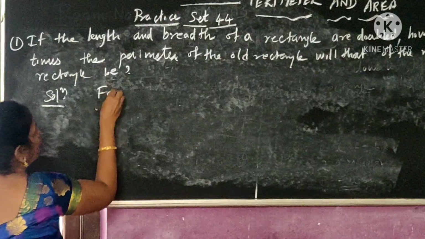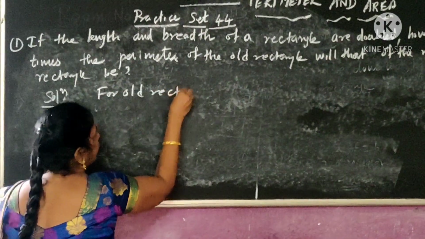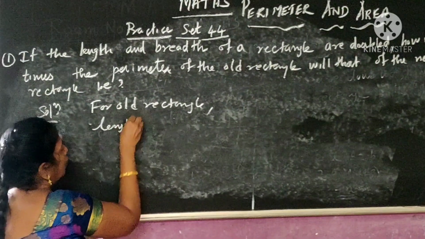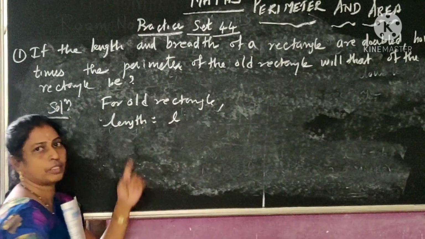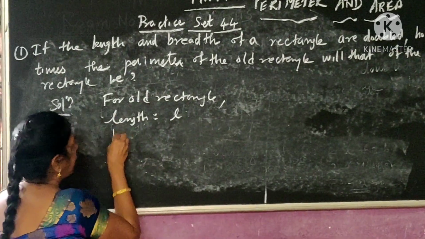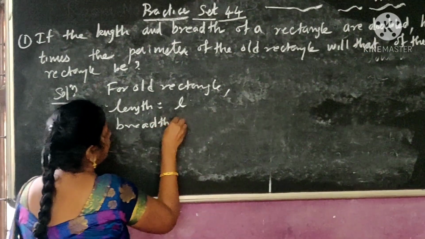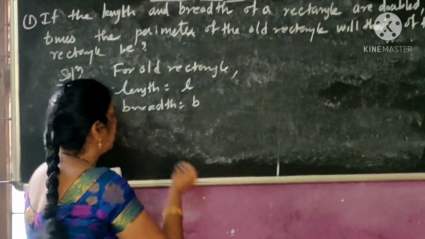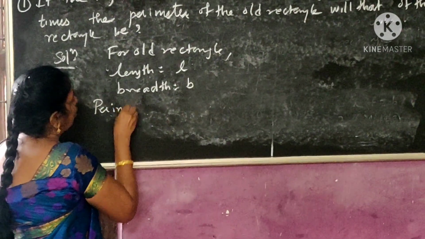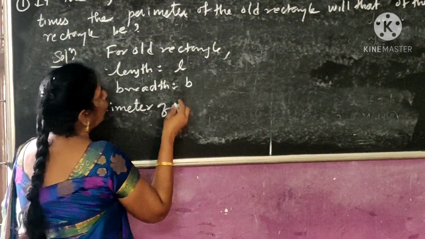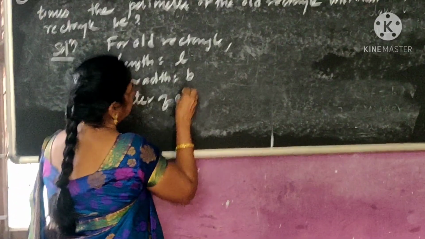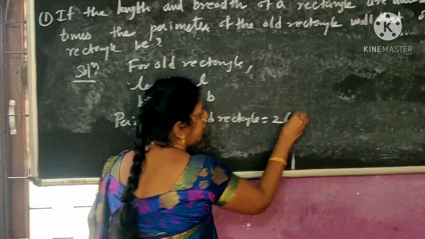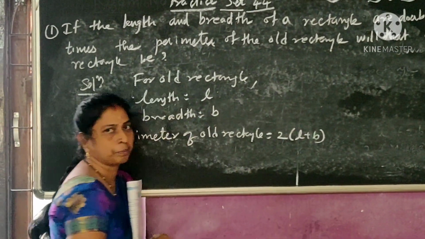So for the old rectangle, we will take length L and breadth B. Now you all know the perimeter of rectangle formula. Perimeter of old rectangle is 2 bracket length plus breadth.